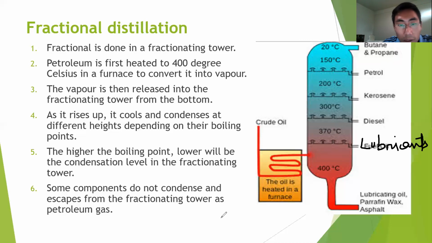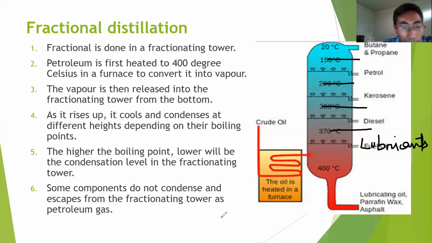All of those things you have in your crude oil, and these components have different boiling points. So depending on the boiling point of the different components, they will condense at different levels, that is in different compartments, the parts in the fractionating tower.